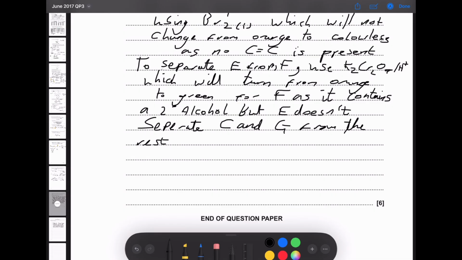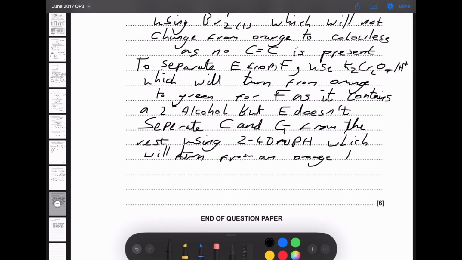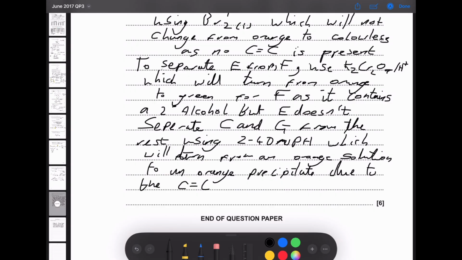Realistically, there's only 2 left, but we'll say the rest using 2,4-DNPH, which will turn from an orange solution to an orange precipitate, due to the C=O double bond group present.